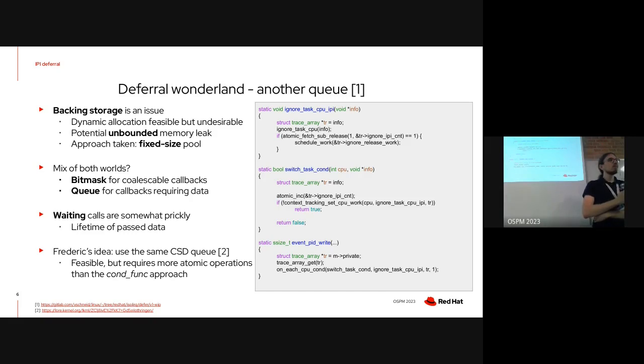But the other thing I noticed: I understand that you stick it on context tracking, which means no hertz full. But in general, these kinds of IPIs, for example text patching and all this kind of nonsense, wouldn't it be smart to not interfere with user space, independent of no hertz?